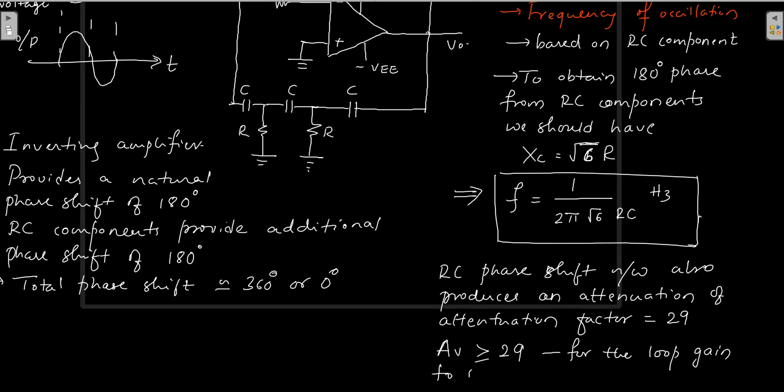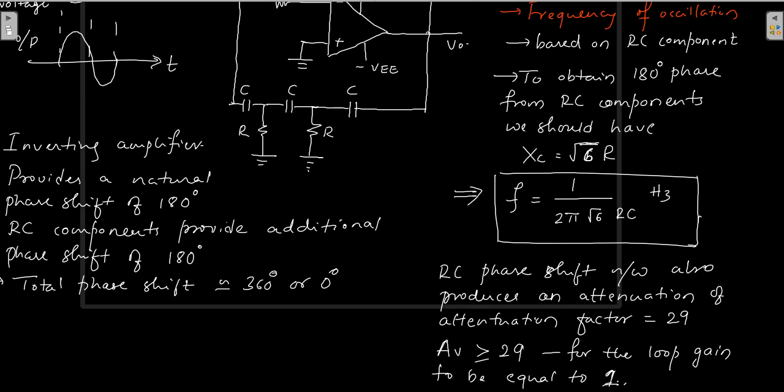to be equal to 1. This is a very, very important point to be noted. Because we have to satisfy the Barkhausen criteria, the total loop gain should be either equal to 1 or more, and the total phase shift should be 0 degrees or 360 degrees. If you want to achieve that, the amplifier should have a gain of at least 29.